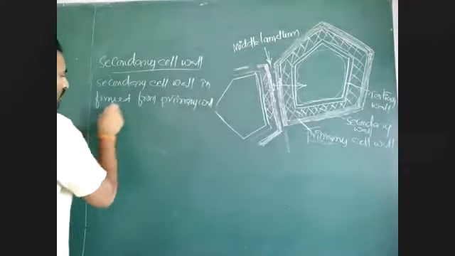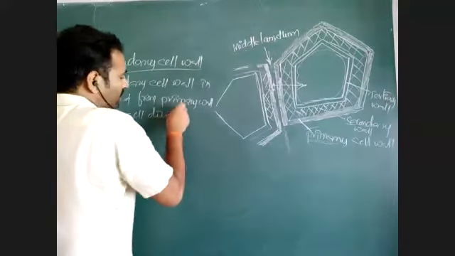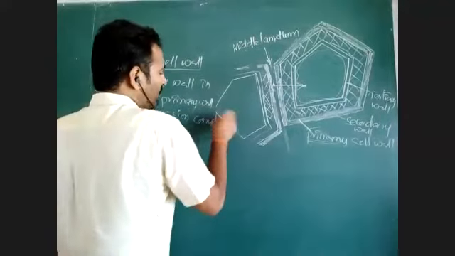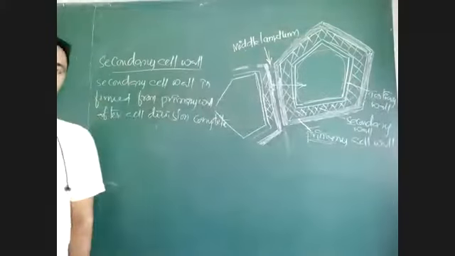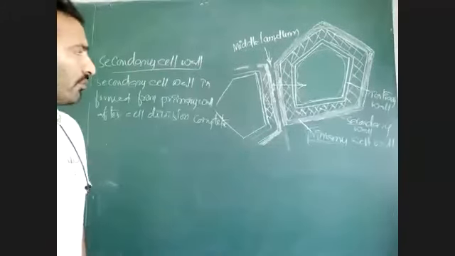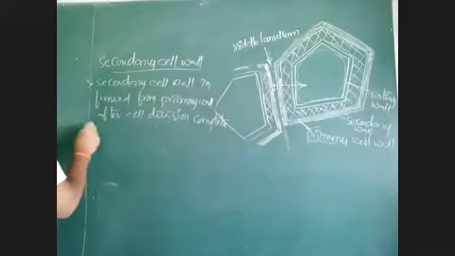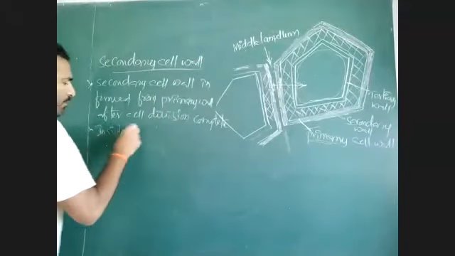During cell division, as I told you, first there is formation of the middle lamellum and cell wall, especially the primary cell wall. From that primary cell wall, there is then formation of the secondary cell wall. This is present inside the primary cell wall.